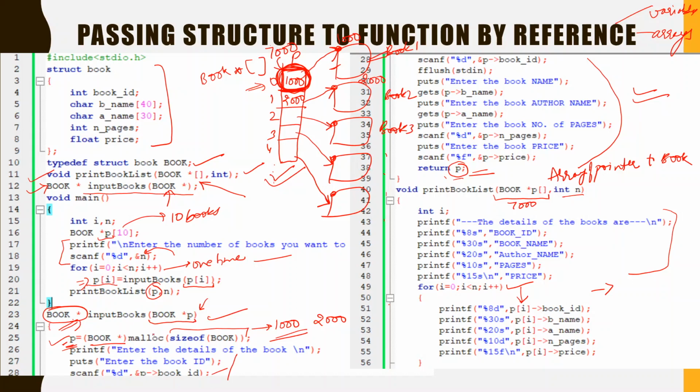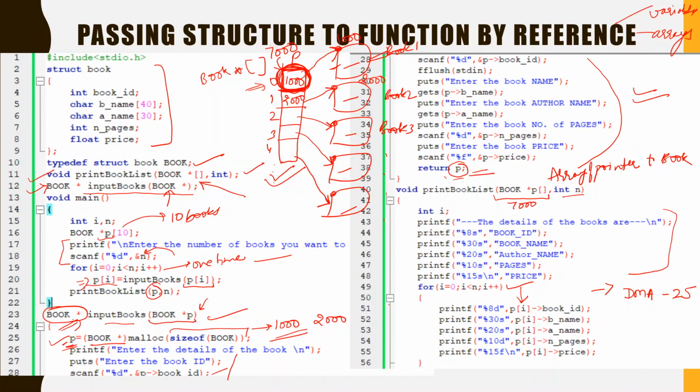So here you can see that this particular program has many concepts together. It has dynamic memory allocation, which is in line number 25. Memory allocation to every block has been done individually. Every time a call to this input function is made, a new block of memory is created for a particular book.